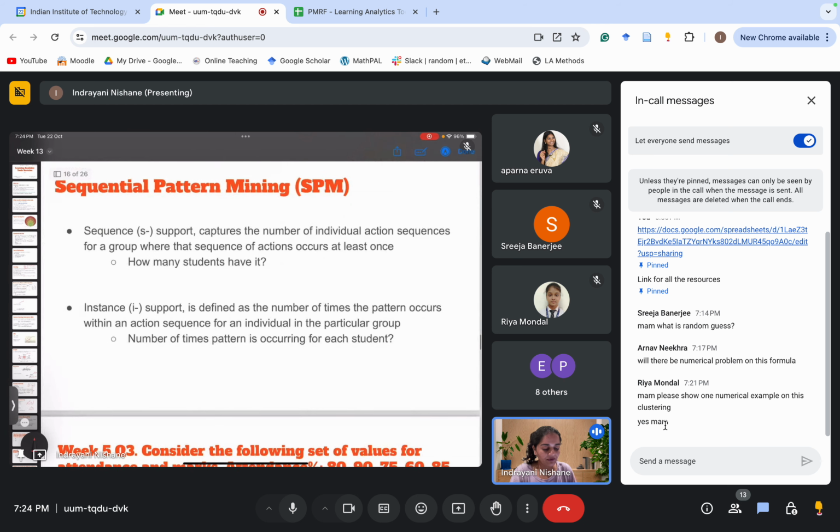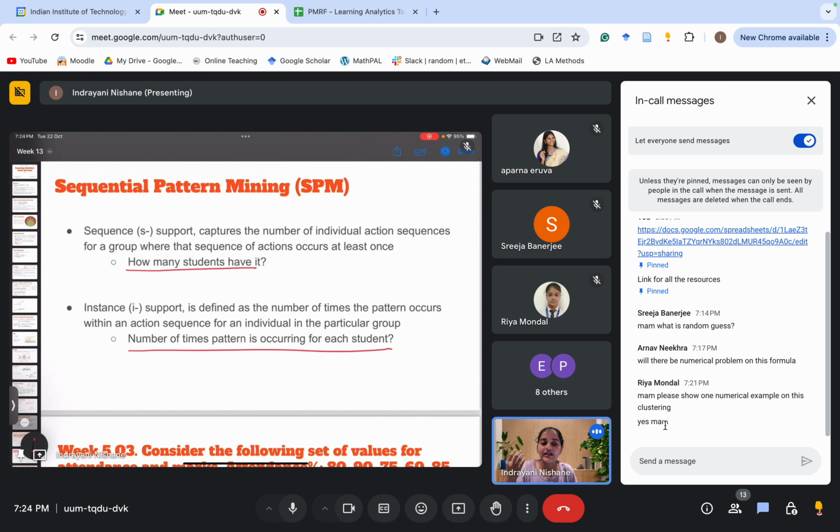Now these are some definitions of S support and I support. But if you have a hard time remembering what they are, I have included simple prompts in simple words. Sequence support is how many students have that particular sequence or pattern in their log.